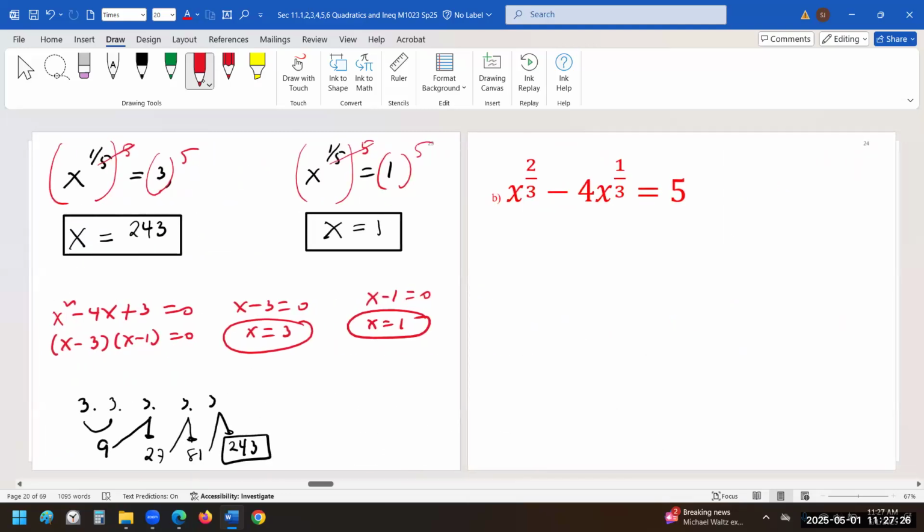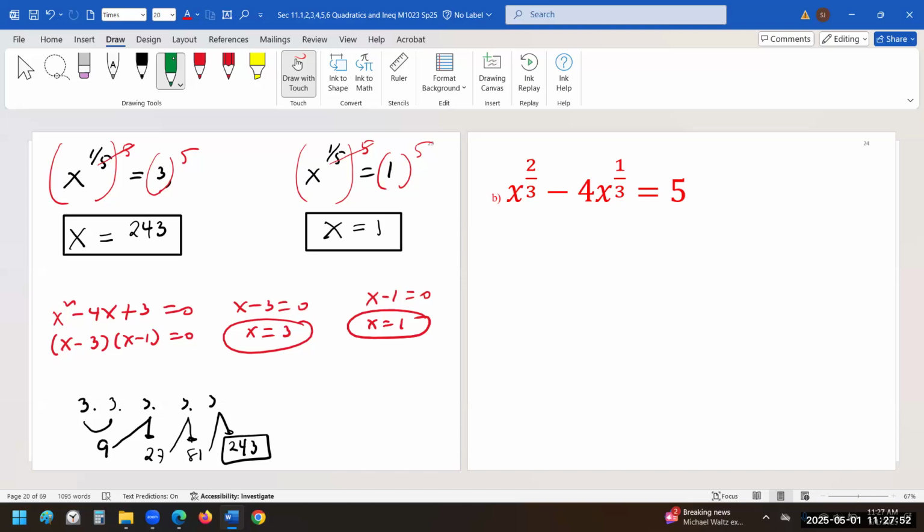Let's do one more together. We have x to the 2/3 minus 4x to the 1/3 equals 5. We have a problem here, right?